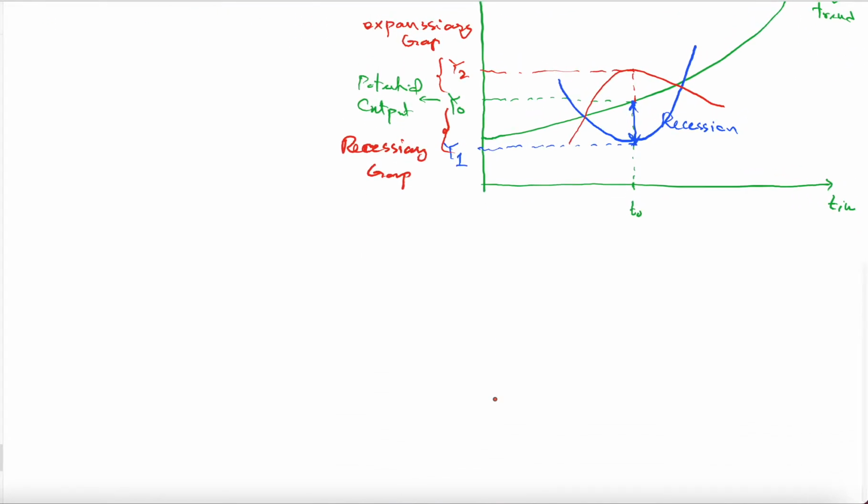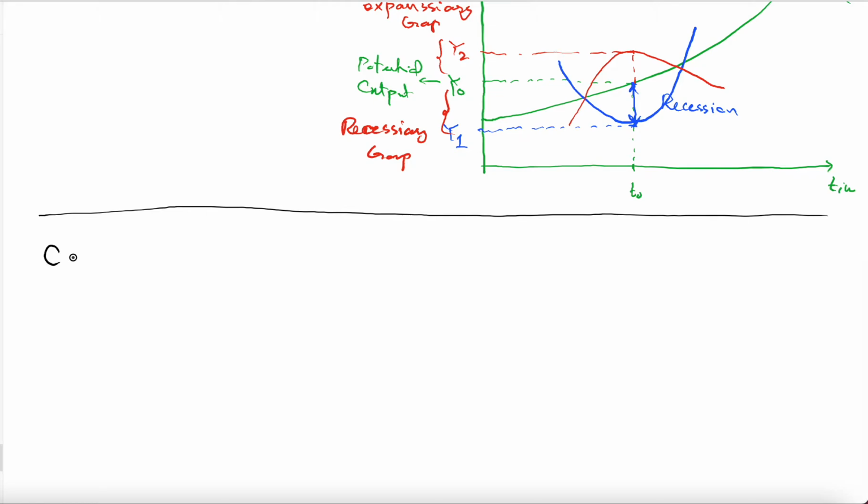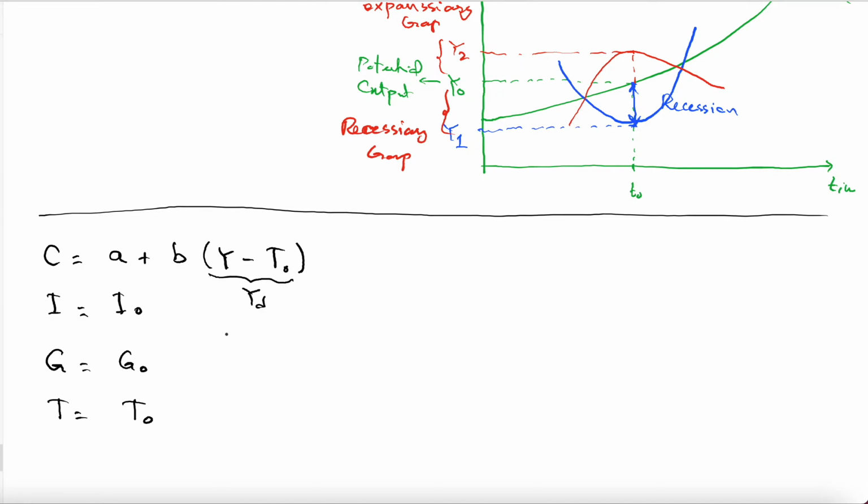That is the argument which multiplier effects is helping us to understand. How is it going to happen? Let's rewrite our model. Consumption was A plus B times disposable income, Y minus T, and this is an ad valorem tax or a lump sum tax. Investment, we assume is a fixed amount. Government spending is given, and the tax is also given, which appears in what is called disposable income.